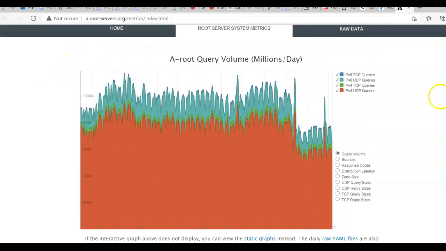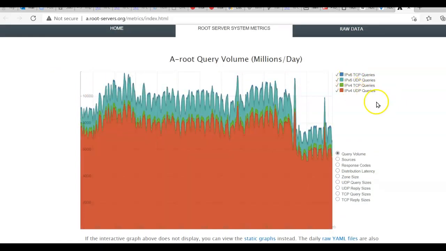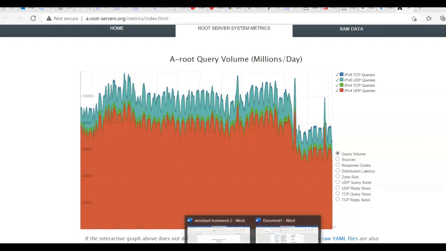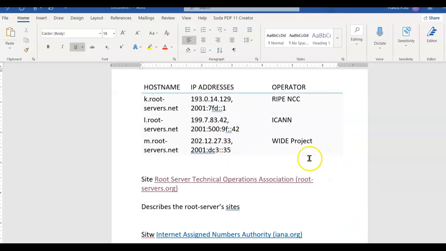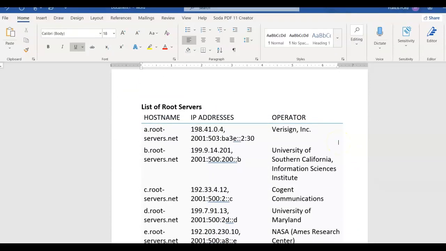Big number. And you can see the IPv6 ones, the IPv4 ones, all the different ones they're getting in. So it's kind of fun to see all these sites. Again, the directories are very poorly named. There's A, B, C, D, E, so on, all the way down the line.